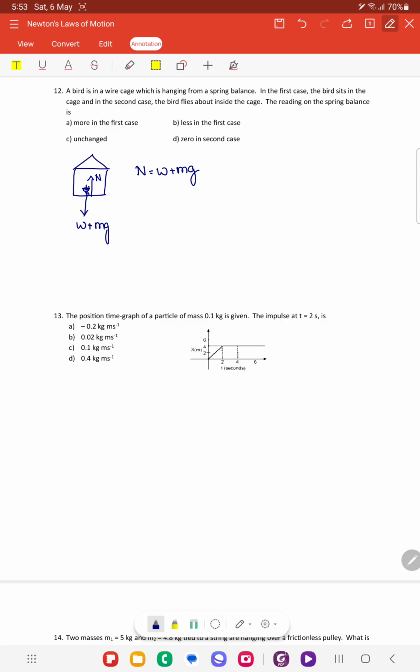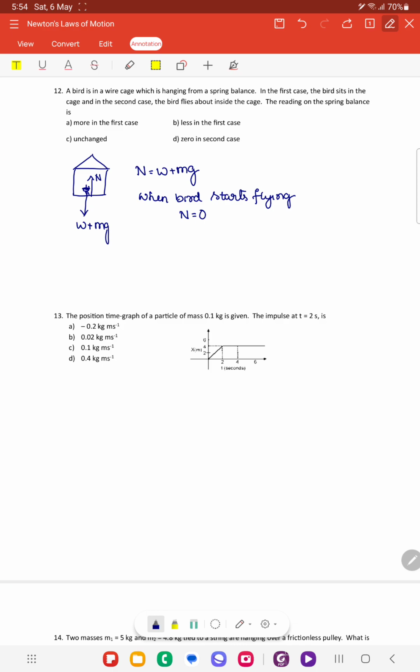Now when the bird starts flying, the normal reaction force exerted by the bird on the cage becomes 0, that is n becomes 0. When the bird flies, what happens is the weight is carried by the air.